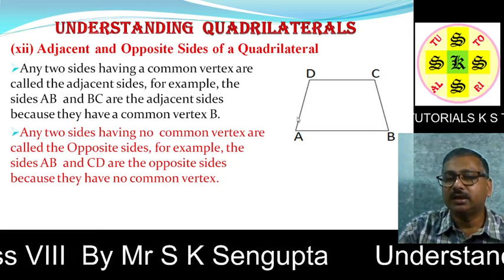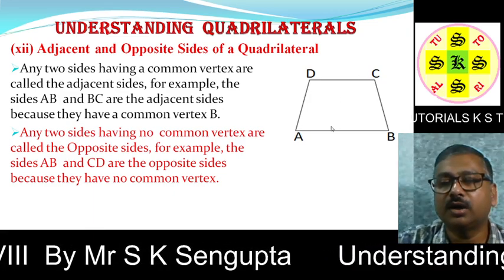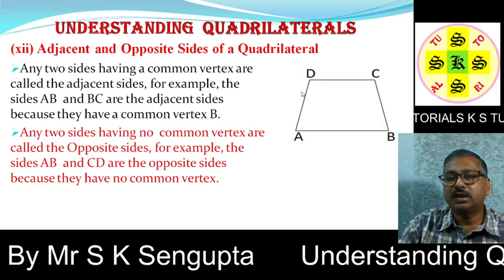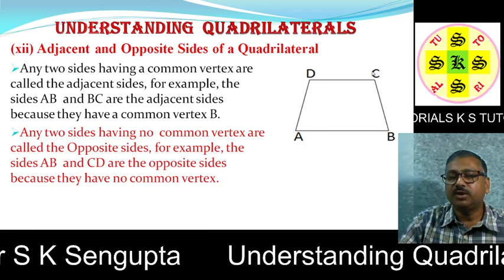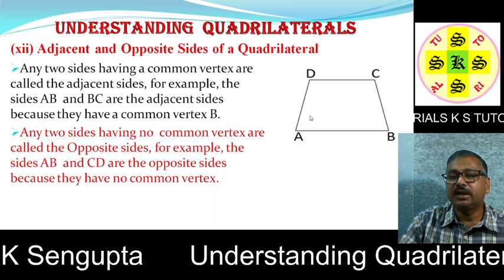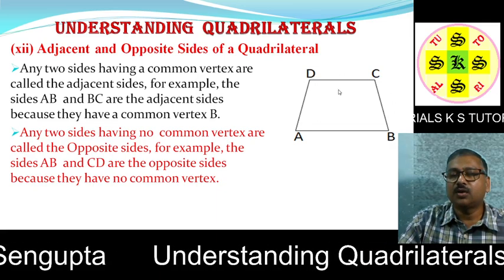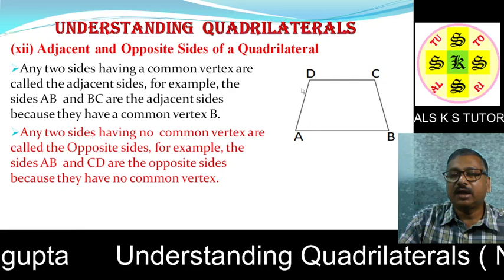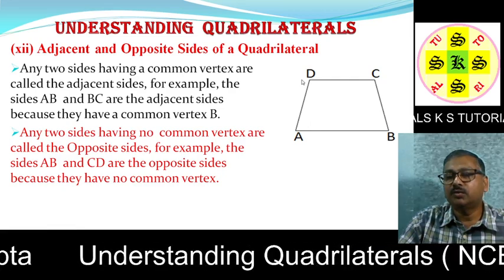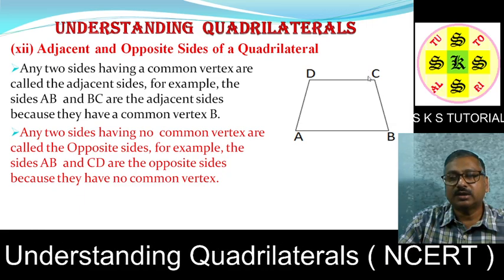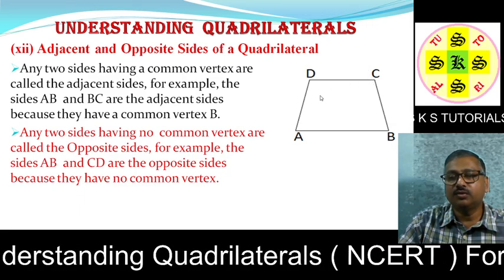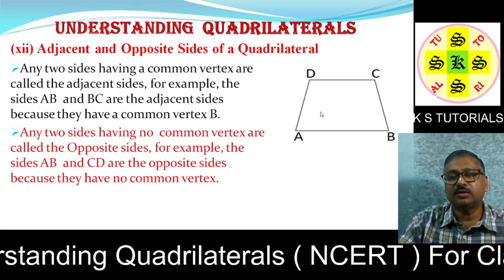AB and CD don't have any common vertex, so AB and CD is one pair of opposite sides. Similarly BC and AD don't have any common vertex, so BC and AD is another pair of opposite sides. For adjacent we have four pairs of adjacent sides, and for opposite we have two pairs of opposite sides.